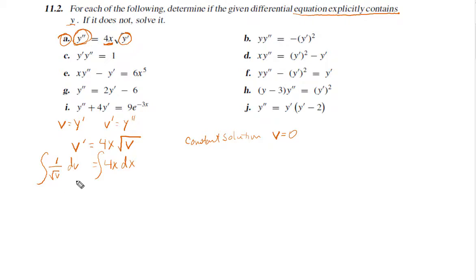Well, the 1 over square root of v is v to the negative 1/2, whose integral would be v to the positive 1/2 divided by 1/2.